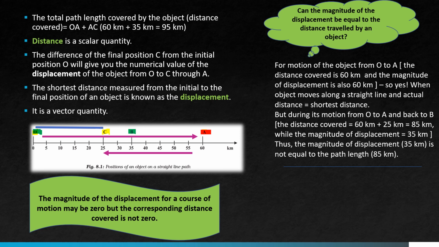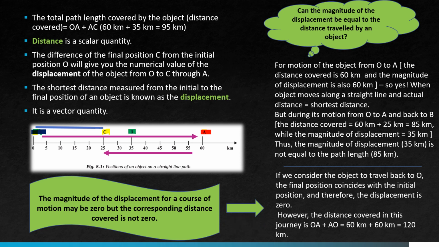And the fact is that the magnitude of displacement can be zero, but the corresponding distance covered will not be zero. When will this scenario happen? When the origin of the object, that is point O, is the final position of the object. That is, when the object moves in a circular path, when the origin and the final position are the same, then in that case the displacement for the object would be zero.